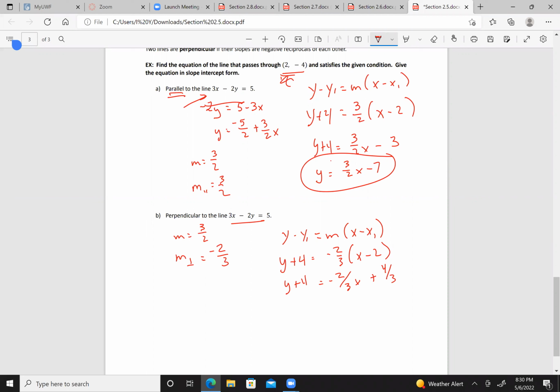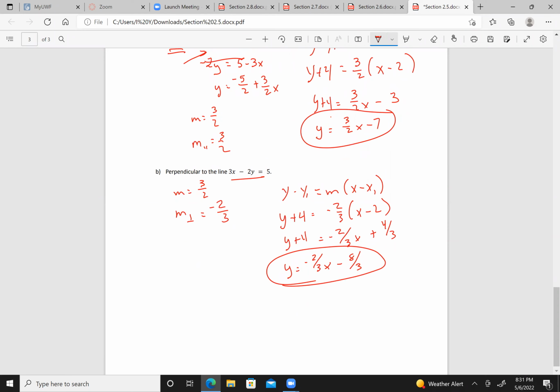Now we're going to subtract 4 from both sides, which is 12/3. So I have y equals negative 2/3 x minus 8/3. And there we are, slope-intercept form.